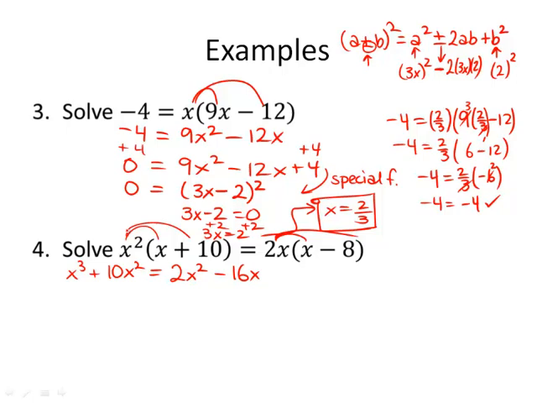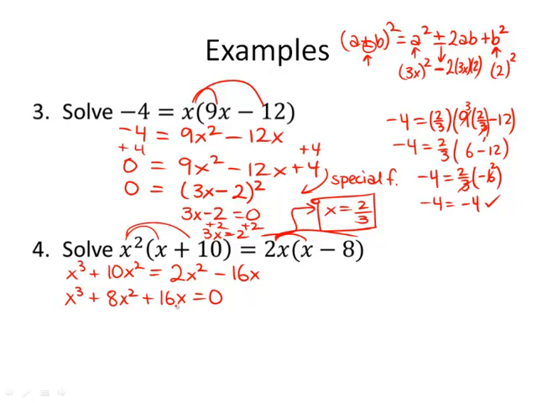Alright, let's continue. Let's put everything on one side. So let's subtract the 2x squared and add the 16x. So we'll get x cubed, subtract the 2x squared, will give you positive 8x squared, and then add the 16x equals 0. You always want it equals 0 because of the 0 property, which allows us to split it up.